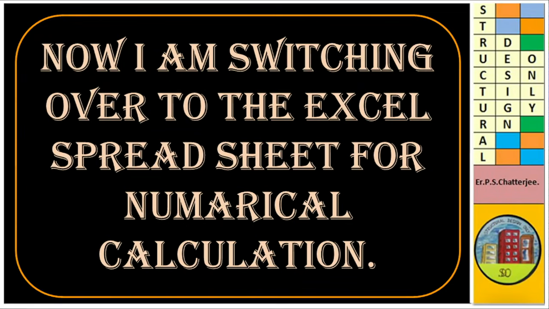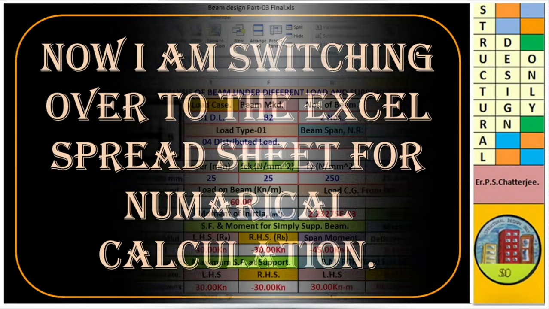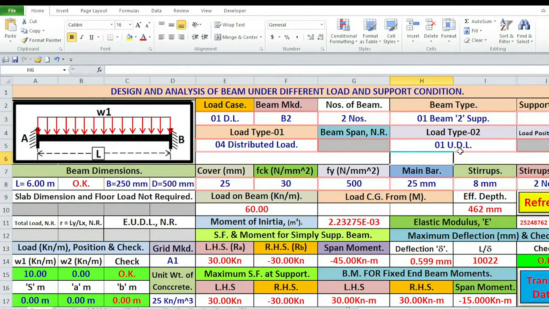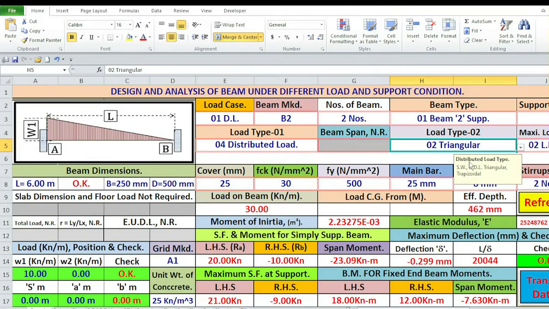Now, I'm switching over to Excel spreadsheet for the numerical calculation. Welcome to my Excel spreadsheet for the problem of UDL. Now we are changing the load type. Triangular load.